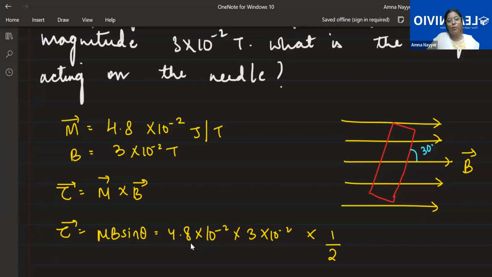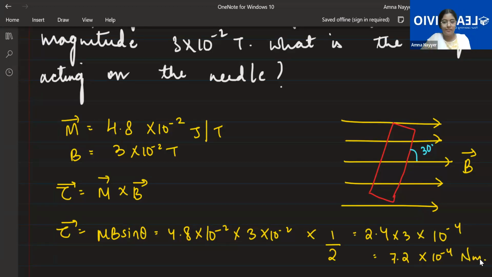So this will become 2.4 into 3 into 10 to the power minus 4. This is 7.2 into 10 to the power minus 4 Newton meter. Okay, please write it.